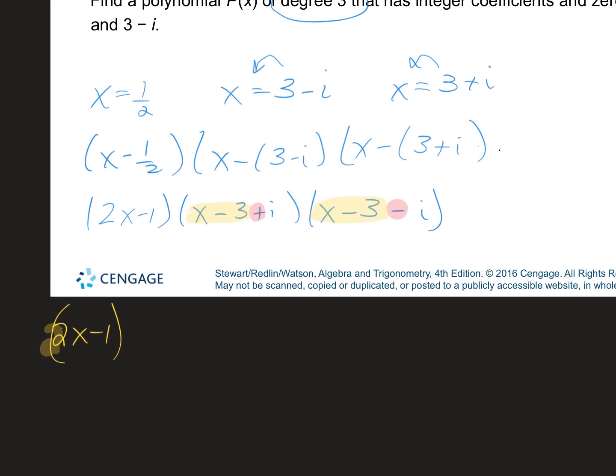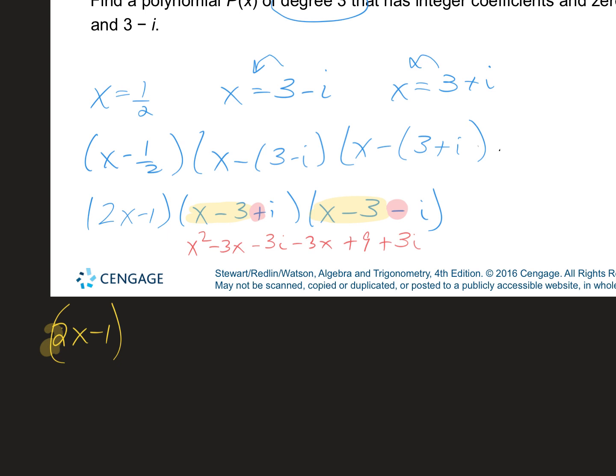So x times x gives me x squared. x times negative 3 is minus 3x. x times negative i is minus xi. So now the middle, negative 3. Negative 3 times x is negative 3x. Negative 3 times negative 3 is plus 9. Negative 3 times negative i is plus 3i, right?